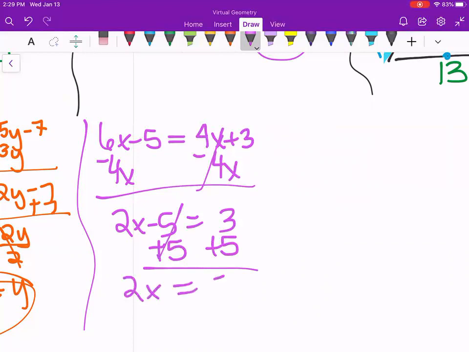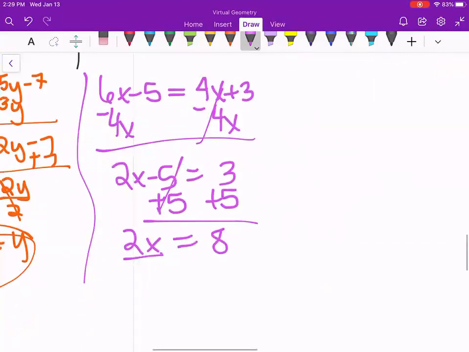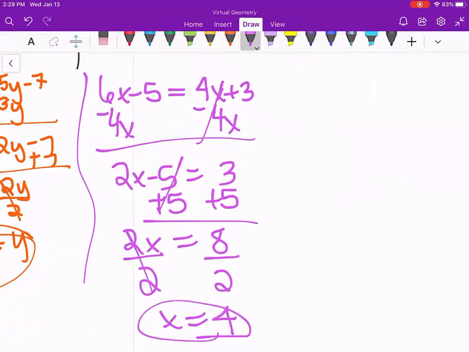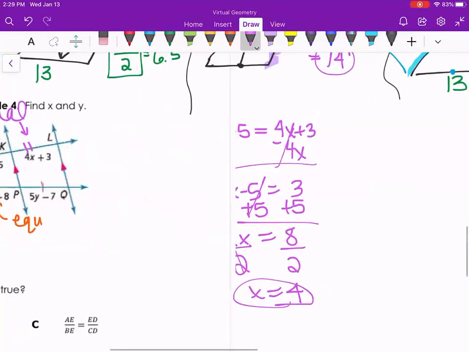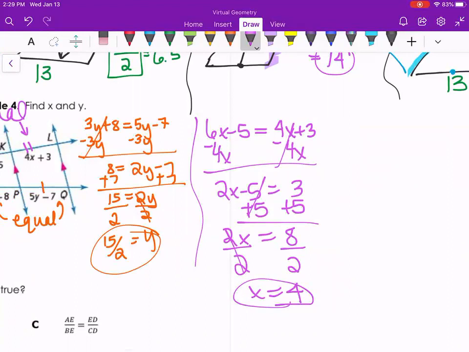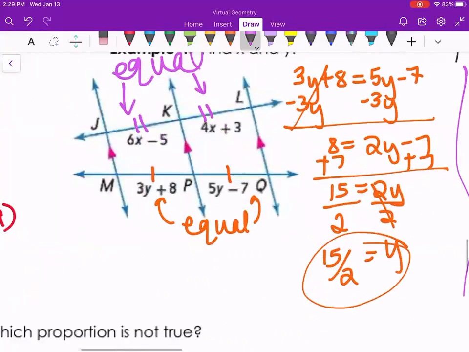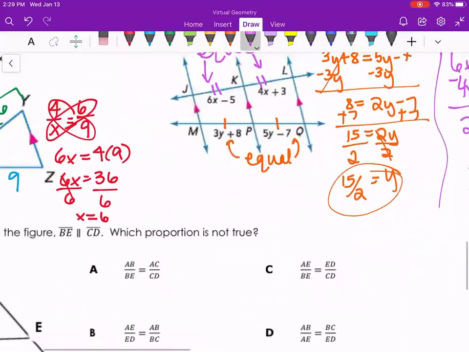So 2x is equal to 8. Divide by 2, and your x is 4. So there we found our 2 pieces. It wanted x and y. But again, you can only set those equations equal to each other as long as one of those transversal lines has a set of dashes on it, because if one of them has the dashes, the other one can be set equal as well.